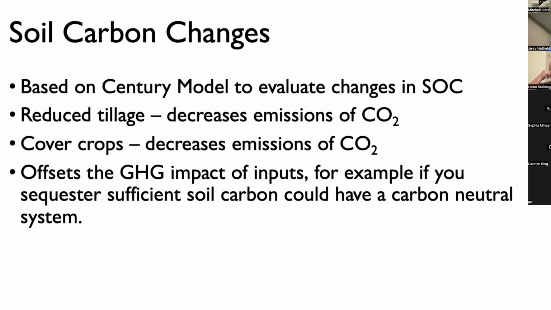And if we simply change from a deep rip and a field cultivator in the spring to a no-till system, we go from a negative carbon balance to a positive carbon balance in the first year. So that changes it right there.